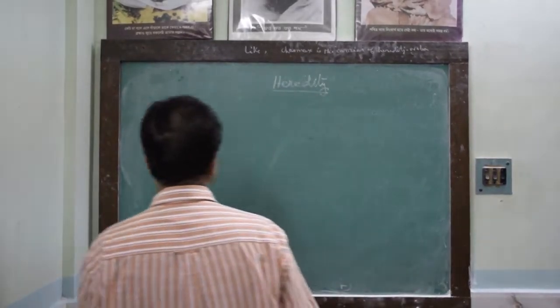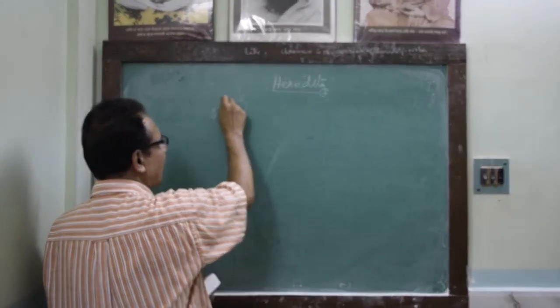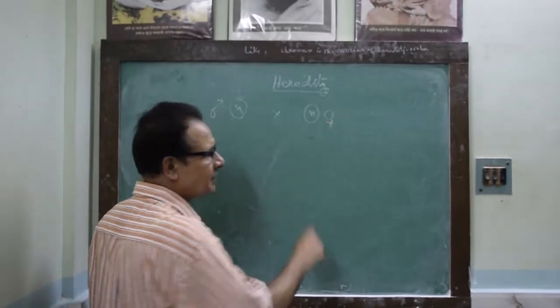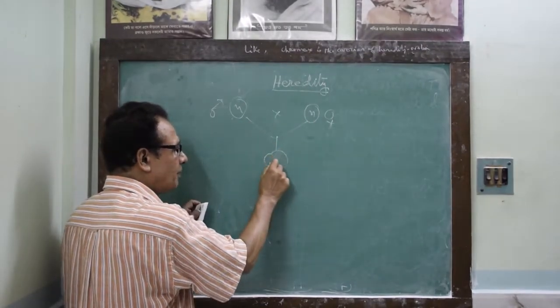By the union of a haploid male and a female gamete, a diploid zygote is formed.